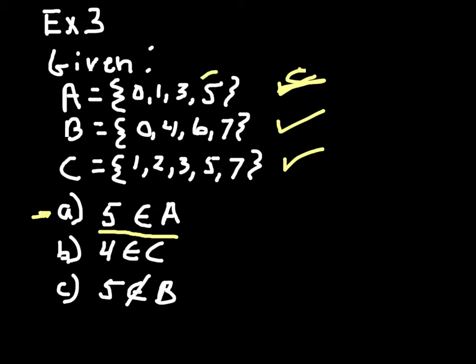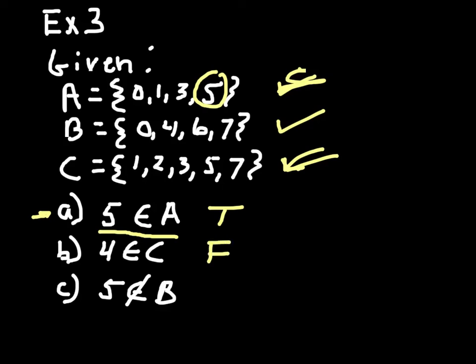And we can clearly see that it is. So this is true. All right, let's go to part B. I would read this as 4 is a member of C. Now is 4 in set C? No, only 1, 2, 3, 5, and 7 are in set C, so that's false.